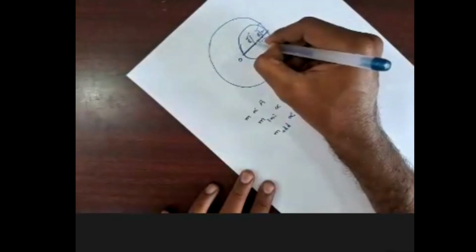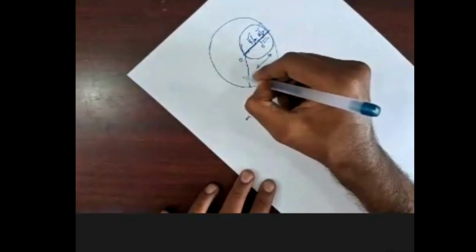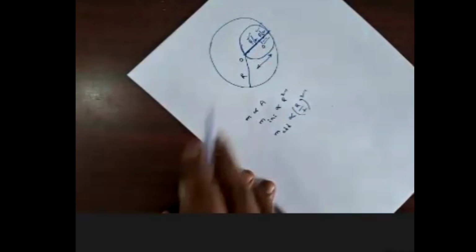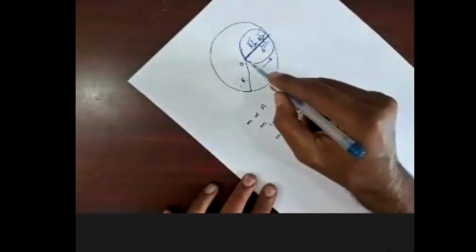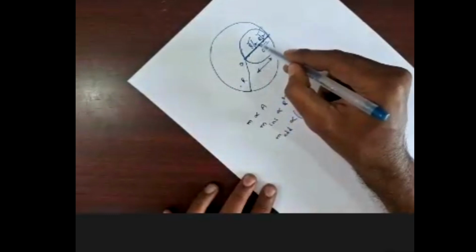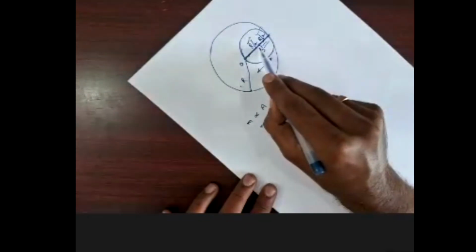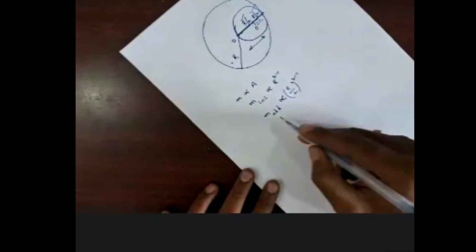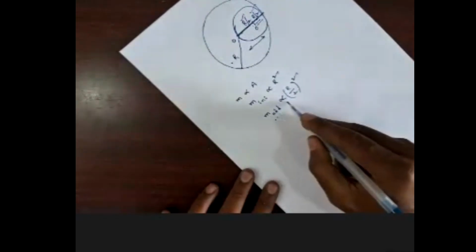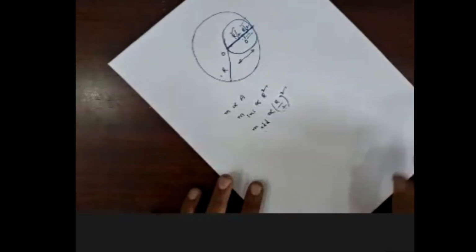R by 2 plus R by 2 is the radius of the bigger plate, capital R. So the center of mass of the smaller plate is exactly at R by 2. O to O dash is R by 2. That's why I consider that the added mass is directly proportional to R by 2 whole square.